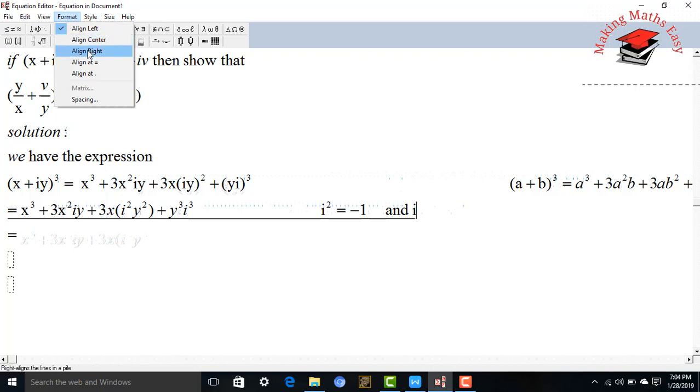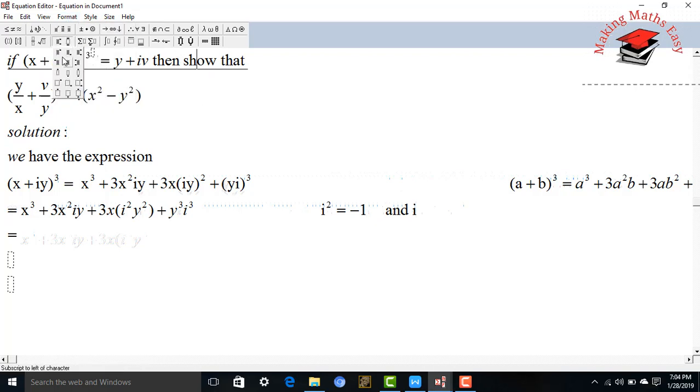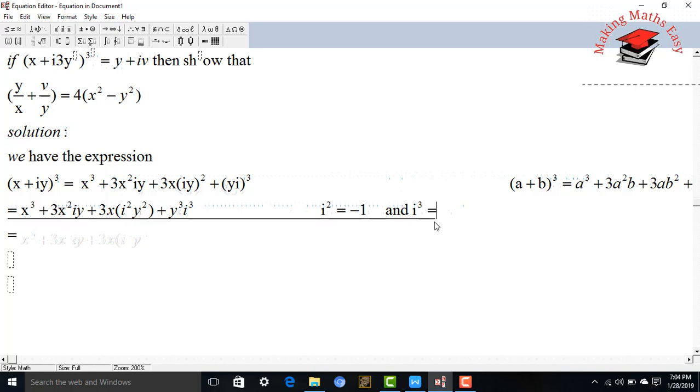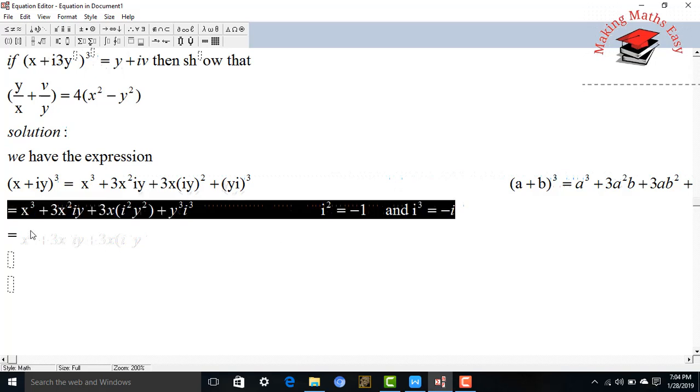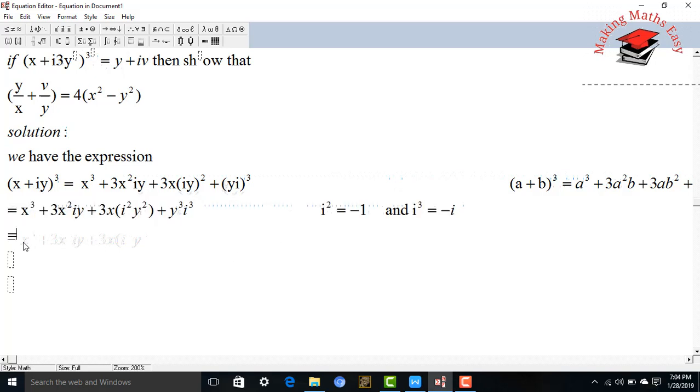So we have to replace i² and i³ by −1 and −i in this case. After putting these values, we will express it in the form of a + ib, and we will get the real and imaginary parts.